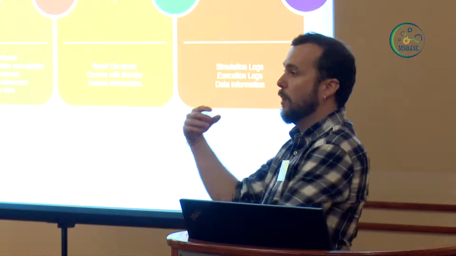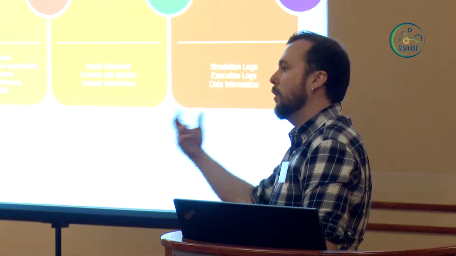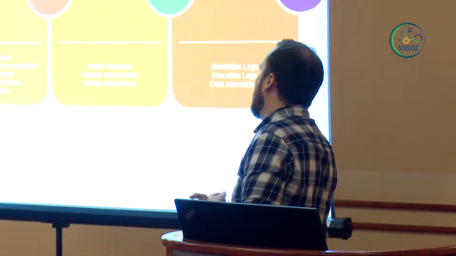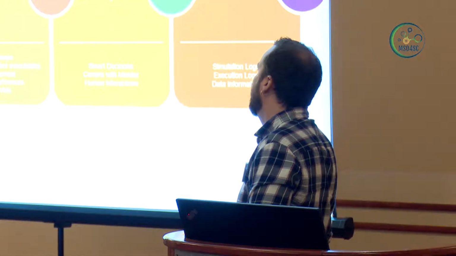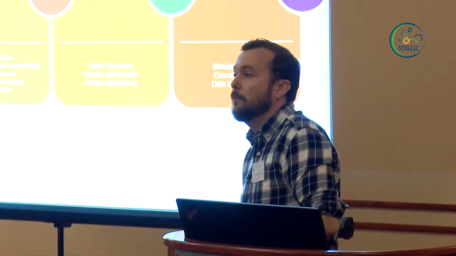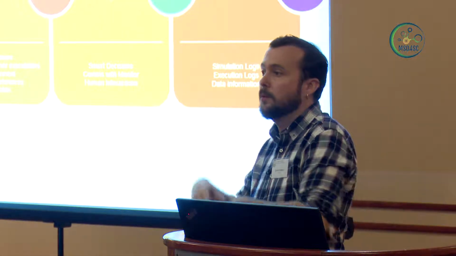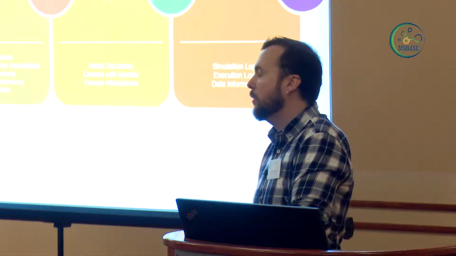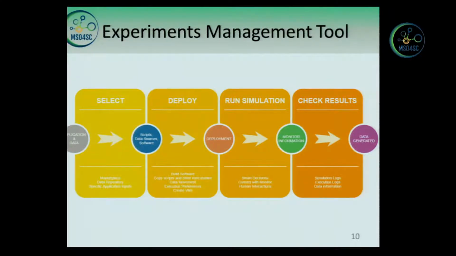Maybe we have the application in GitHub and we need to build it in the infrastructure, or copy executables or binaries from other parts. We may want to create virtual machines, for example, if we want to run different things in a cloud environment. While we have this and all the deployment has been done, we're going to run the simulation.